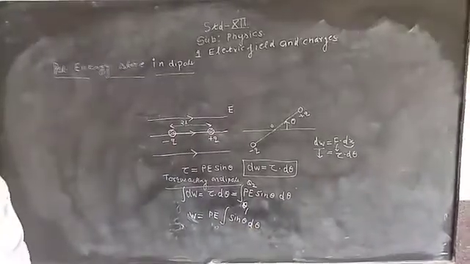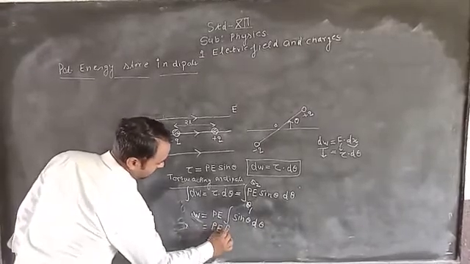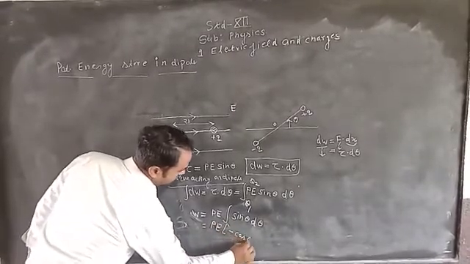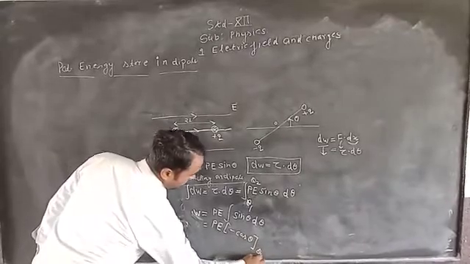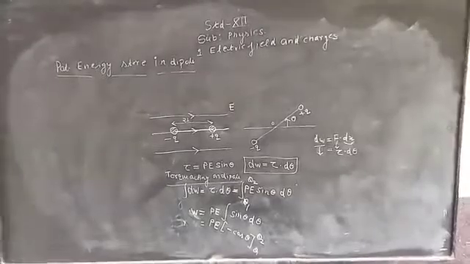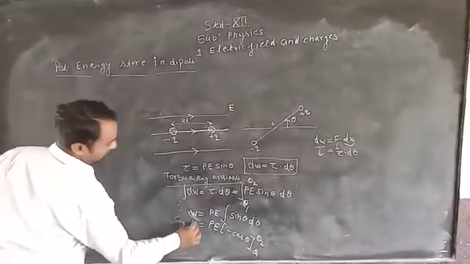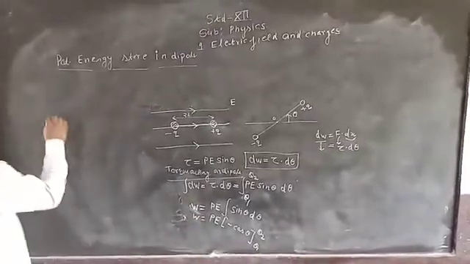What is the value of the integration of sin theta d theta? It is minus cos theta. This is PE times minus cos theta, with the limit going from theta 1 to theta 2, because the dipole is rotated from the position of theta 1 to the position of theta 2. So the result comes here.